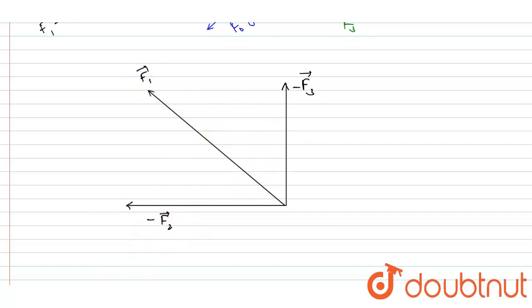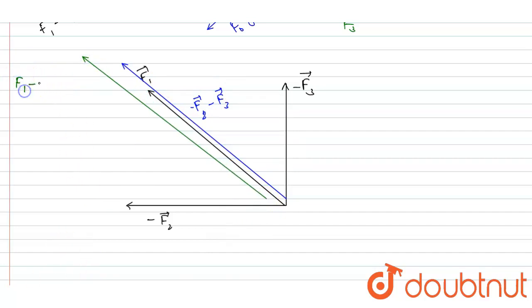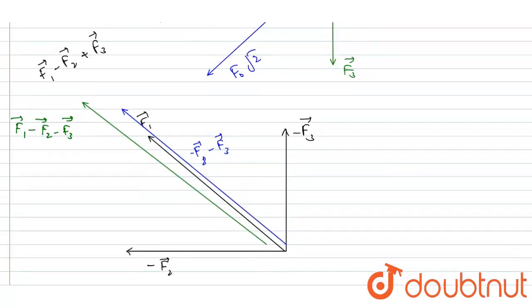So the resultant of these two, F2 and F3, will lie along this F1 only, and the third will have the resultant along this. So this is minus F2 vector, minus F3 vector, right? And if you add the three, you will get the net resultant also in this direction. And I will write this as F1 minus F2 minus F3 vector. So it will be lying along this.